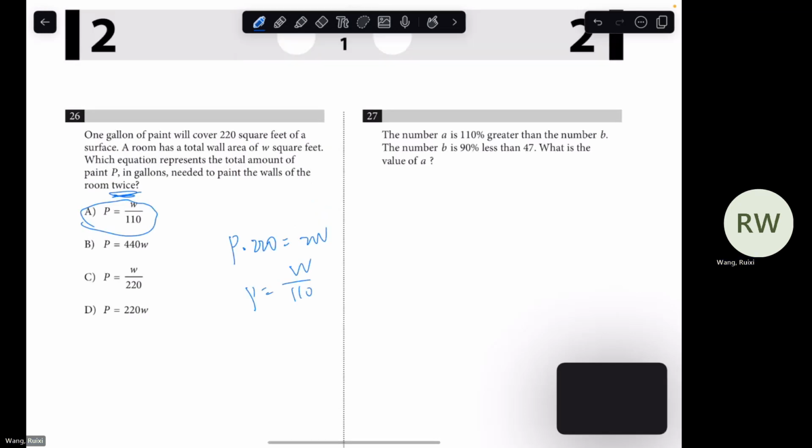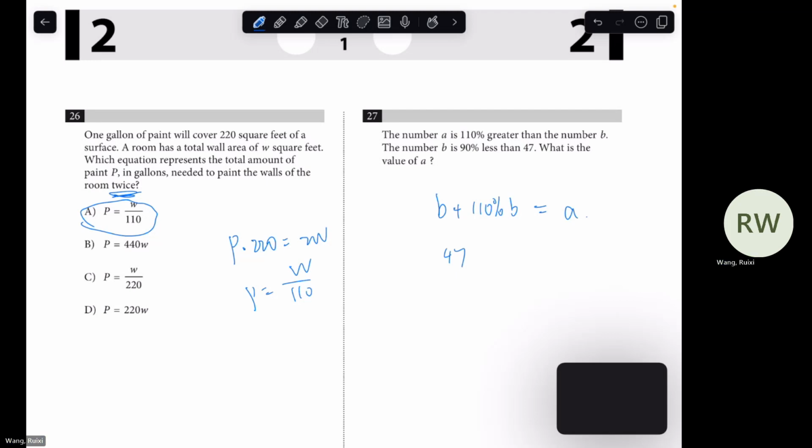Okay. So the first sentence means B times B plus 100% of B equals A, and 49, 90% less than 49.